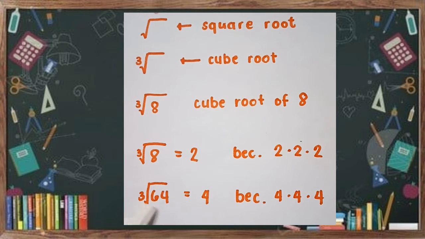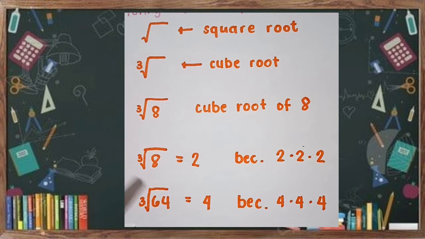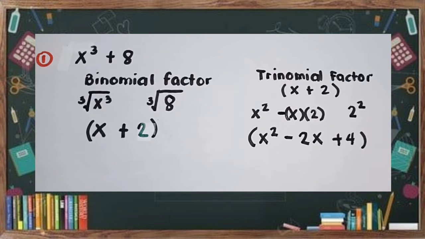So, the cube root of 64 is equal to 4 because 4 times 4 times 4 ay equal to 64. This means that 8 and 64 are numbers that are perfect cubes, which have a cube root of 2 and 4 respectively.